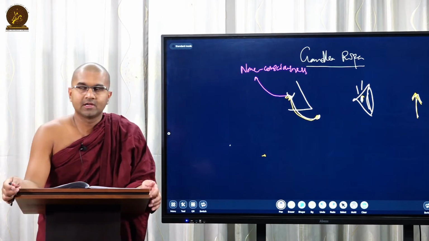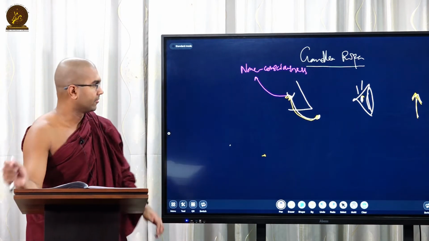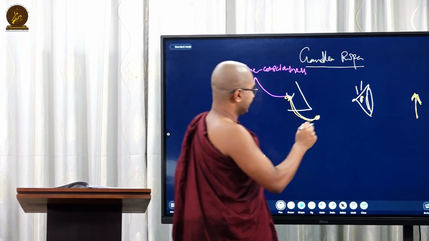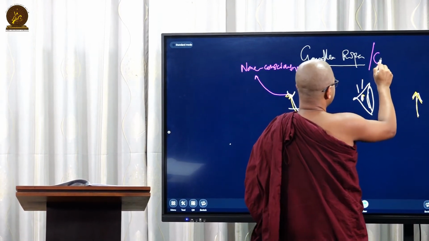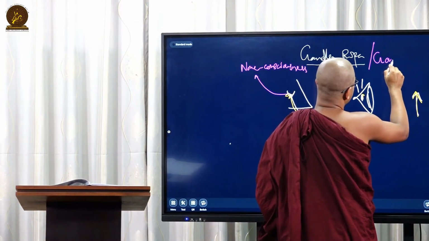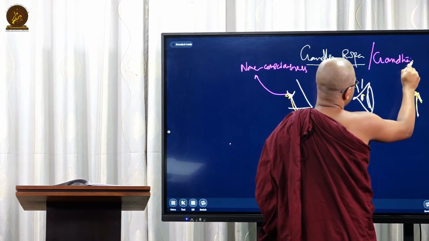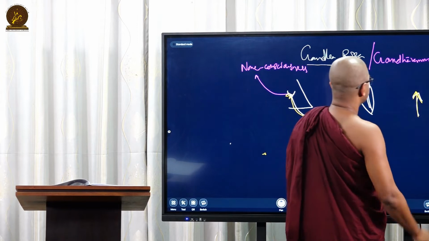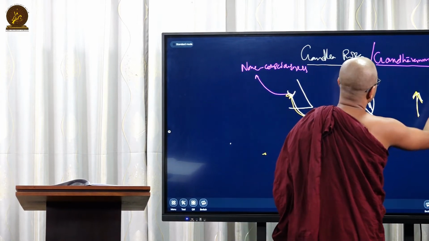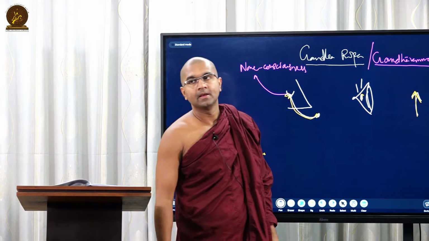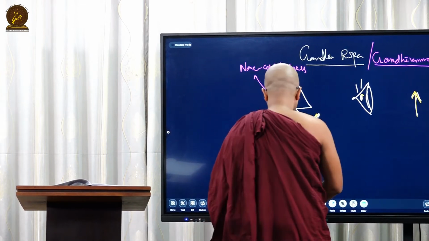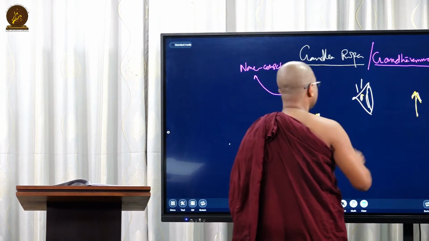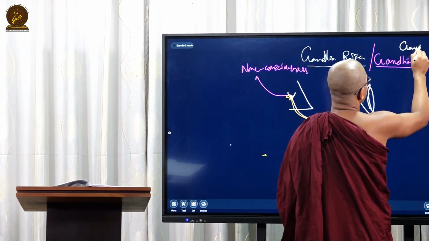Another synonym for Gandharupa is Gandharamana. Instead of saying Gandharupa, sometimes you may have heard of Gandharamana. Sometimes the word Gandha can also be used alone.